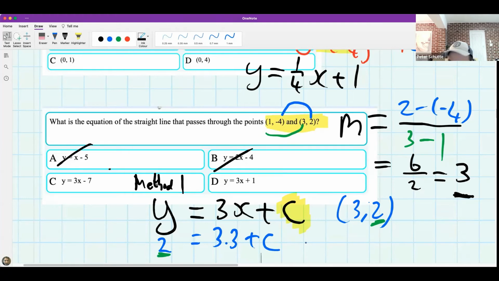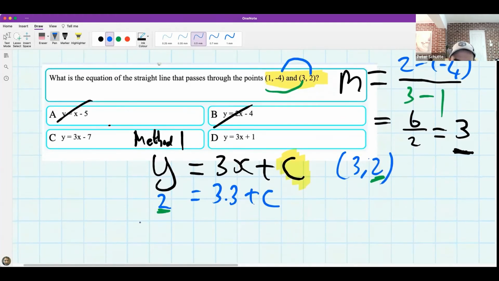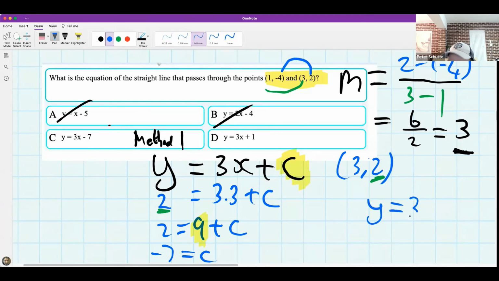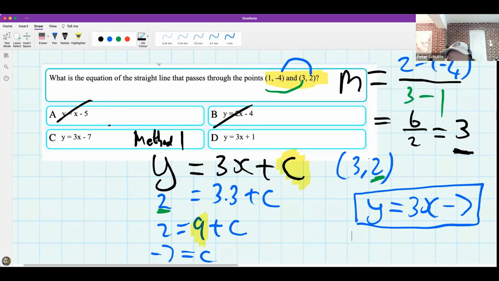Okay, so what have we got left now? Well, we know that we got 2 equals 9 plus c, and I have to take away 9 from both sides. If I go 2 minus 9, I get minus 7, which is c. And so the equation of my straight line would be 3x minus 7. So that is method number 1.